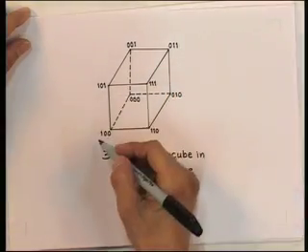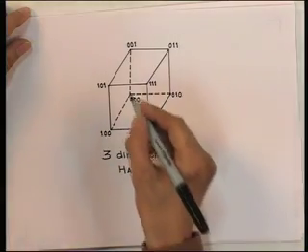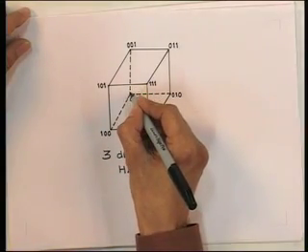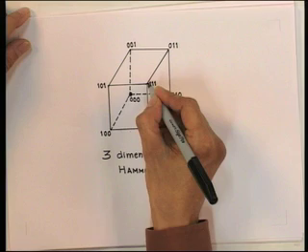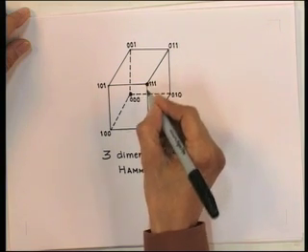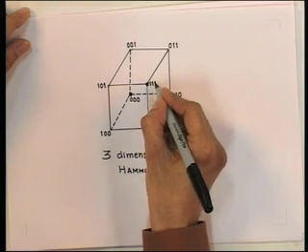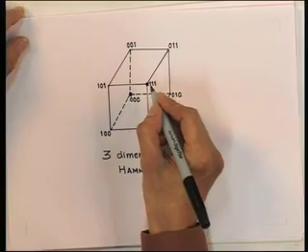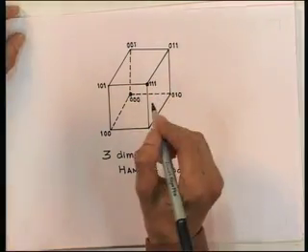Observe that of the 8 possible vertices, we are occupying only 2 vertices, 0, 0, 0 and 1, 1, 1 for transmitted messages.